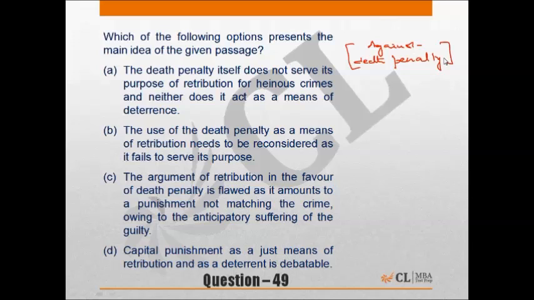So when you're looking at this question, which is the main idea, it has to be around the fact that it does not approve, or if not a clear yes that it should be abolished, it is definitely saying it should at least be considered to be removed. Okay, let's go through the choices.